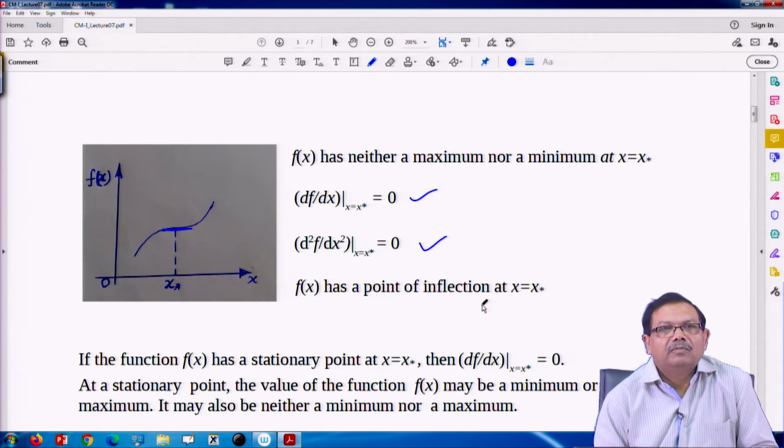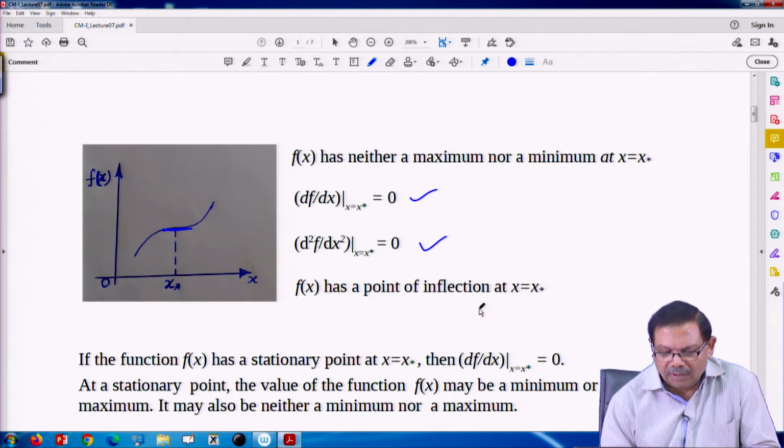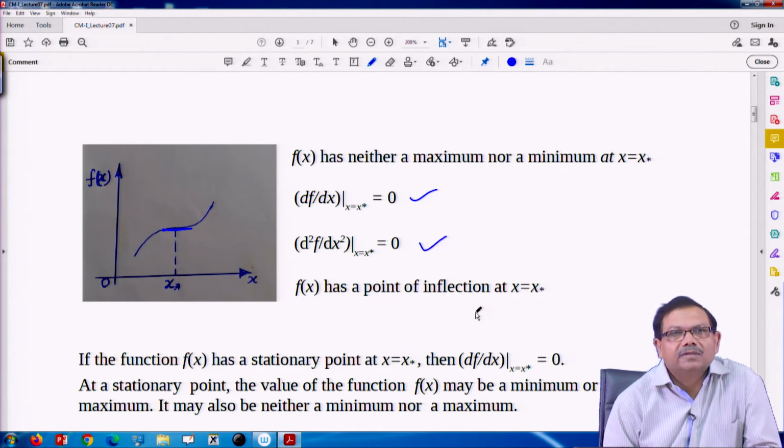So, a curve may have a minimum, a curve may have a maximum, or it may have a point of inflection. At a point of inflection, the slope of the curve is 0, so the first derivative is 0.